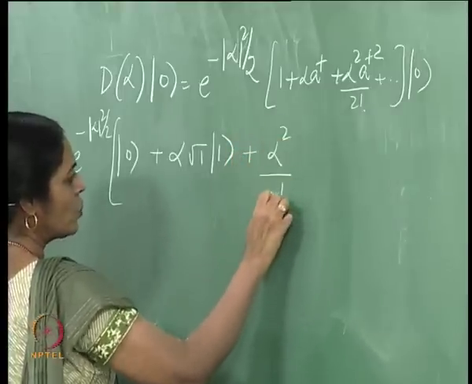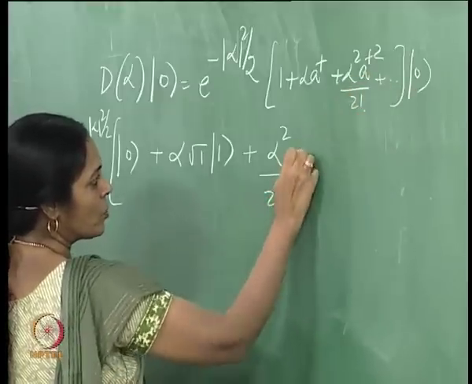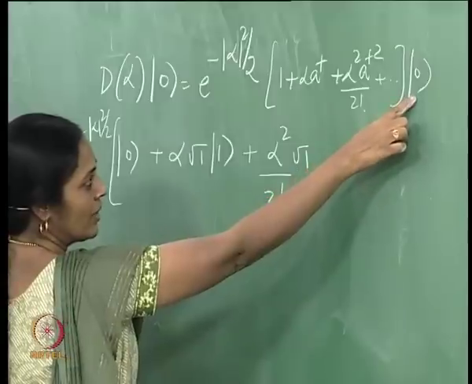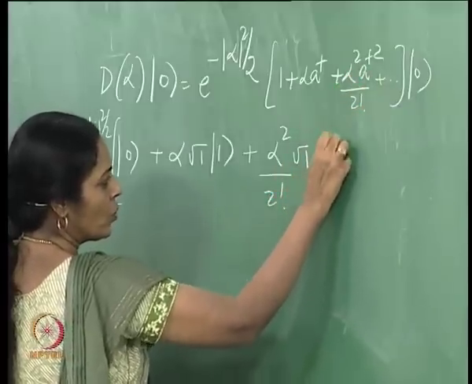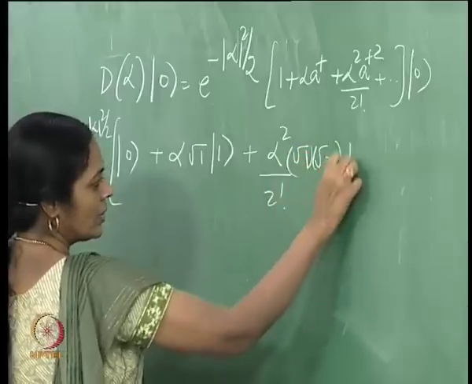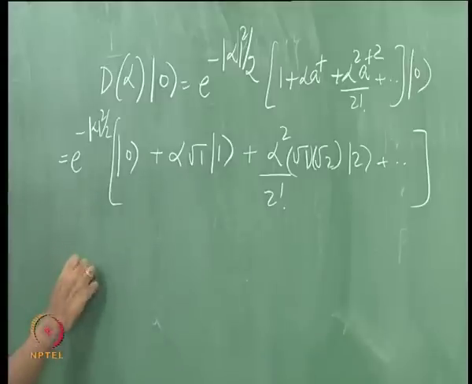plus alpha squared by 2 factorial. The first time a dagger acts on ket 0, it pulls out a root 1, gives me ket 1. Then a dagger acts on ket 1 to give me root 2 ket 2 plus so on. And now the structure is clear.